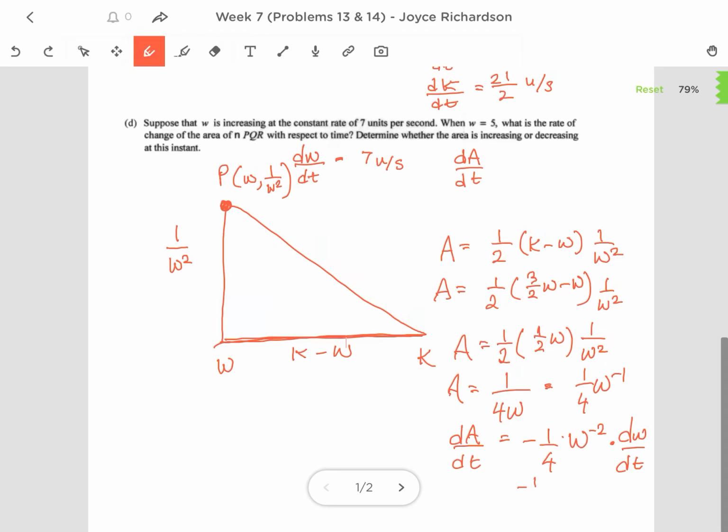So what do I have? Negative 1 over 4w squared times dw/dt, and evaluate that when w is equal to 5 and dw/dt is equal to 7. You can go from there.